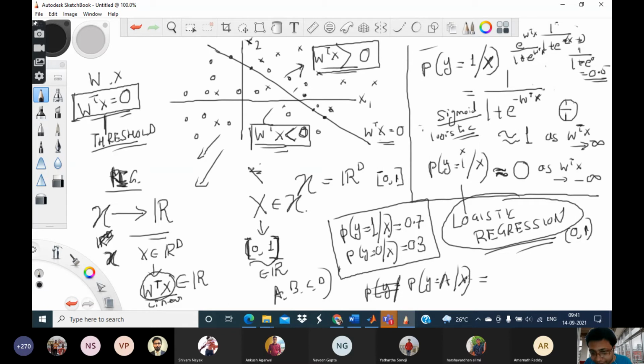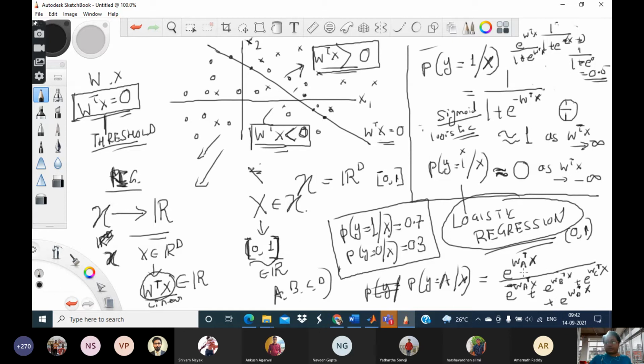Now I will define a function like this: e to the power w_a transpose x divided by e to the power w_a transpose x plus e to the power w_b transpose x plus e to the power w_c transpose x plus e to the power w_d transpose x.